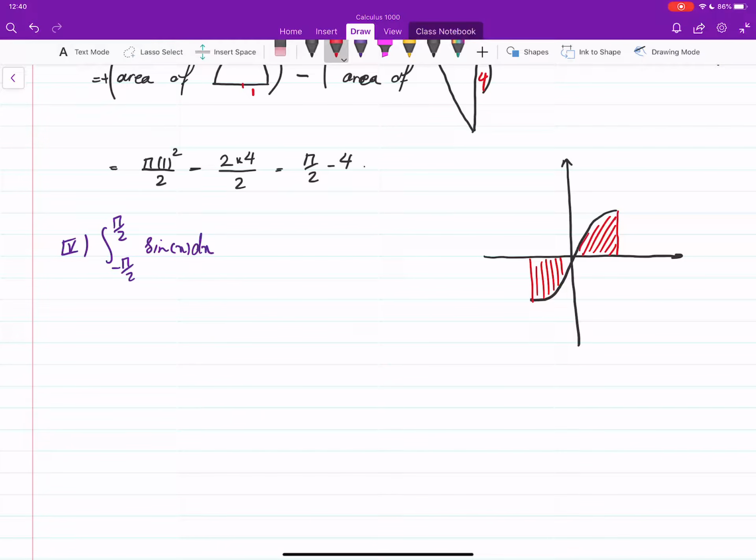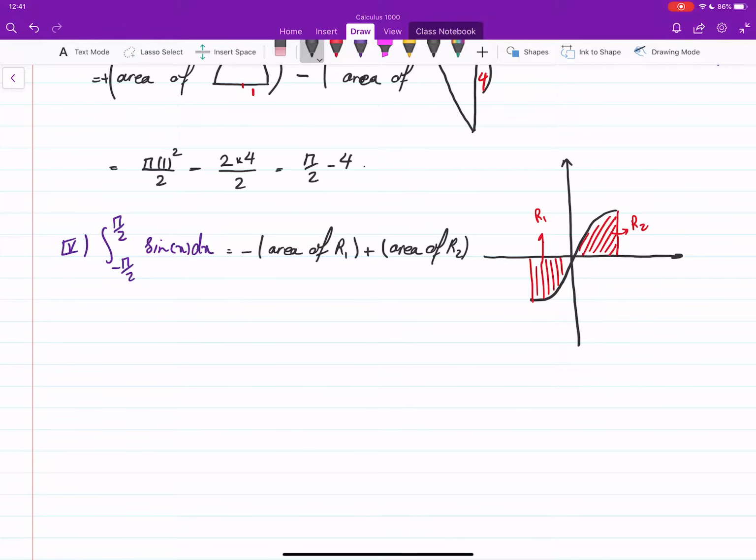So this is R1, this is R2. R1 is below the x-axis, so we have to subtract the area of R1, and R2 is above, so we have to add that one.